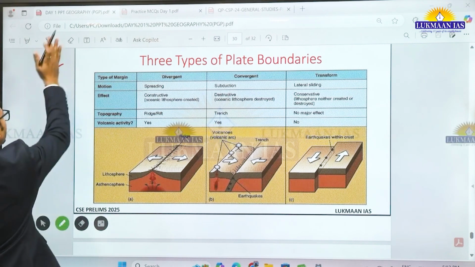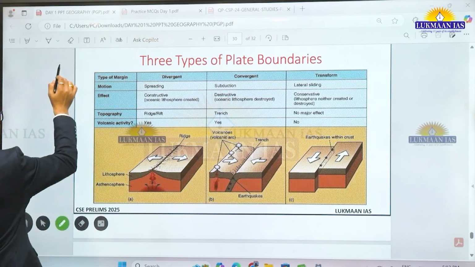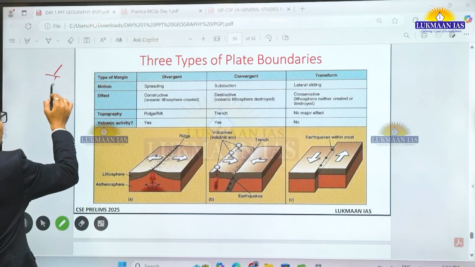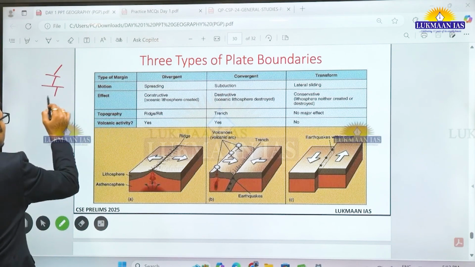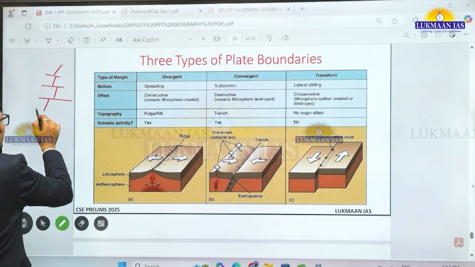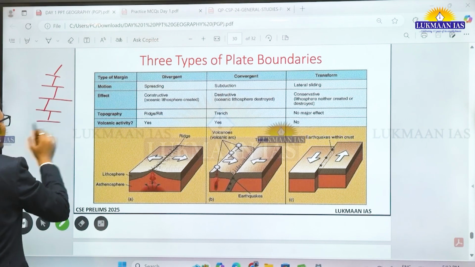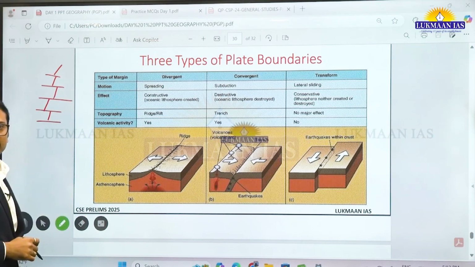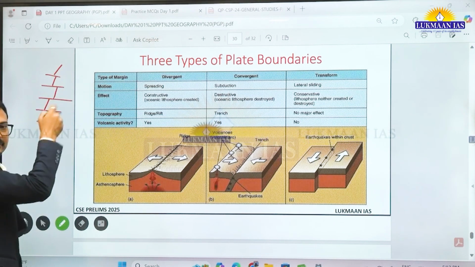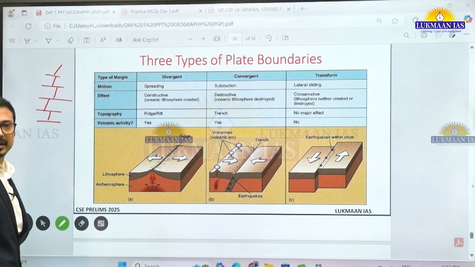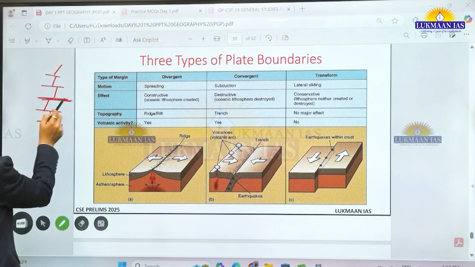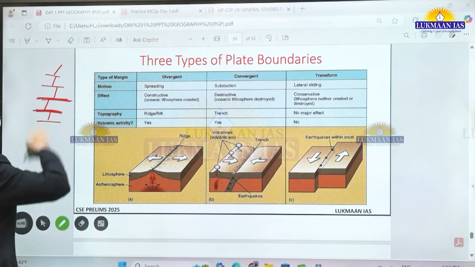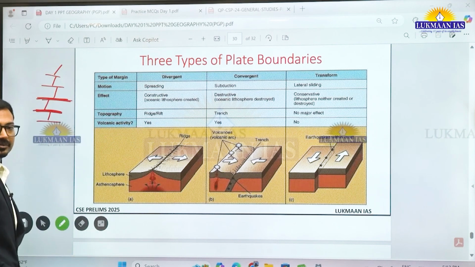Because actually this is not the way the boundary looks. It looks like this. Why? It's not one line. It is fragmented, and that's why we have these transform boundaries forming here like this. They are perpendicular to the mid-oceanic ridge.